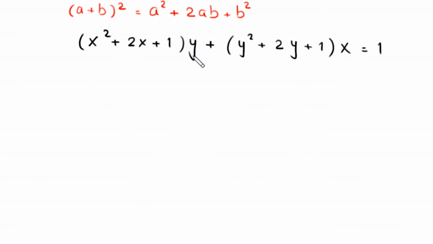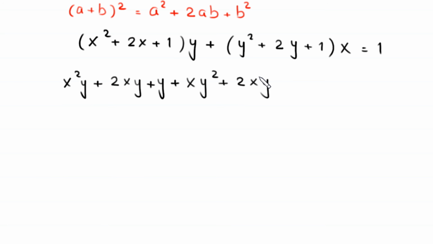Now distribute this y, this will become x squared y plus 2xy plus 1 times y, plus this y squared times x will become xy squared plus 2y times x, which is 2xy, and 1 times x, plus x equal to 1.